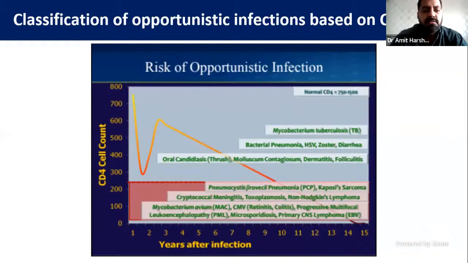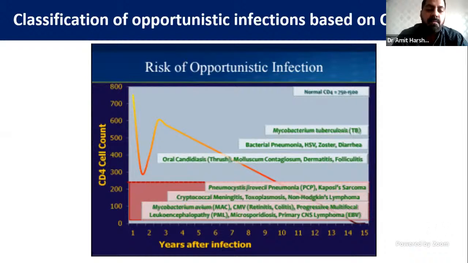Similarly, when it goes further below 200 or less than 100, it is very important to remember this, because in the ART center you also have to have that correlation. For example, somebody presenting with shortness of breath, when you know that the CD4 count is less than 200, and we all know that sometimes PCP presents with an atypical pattern.